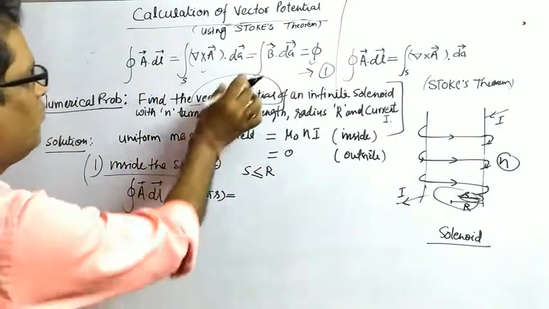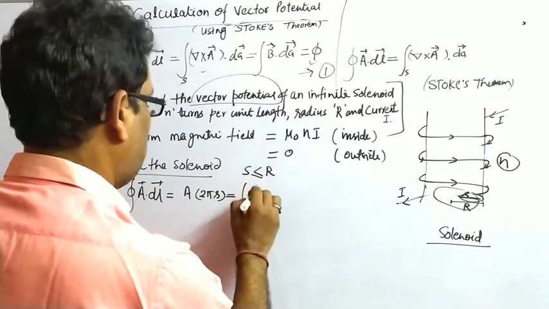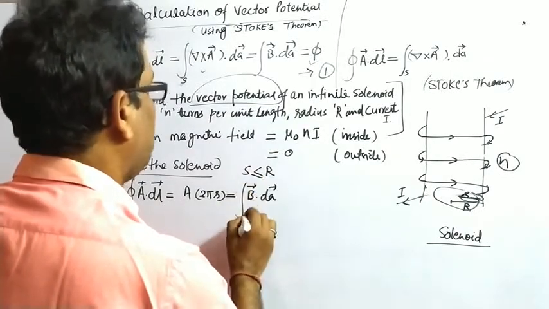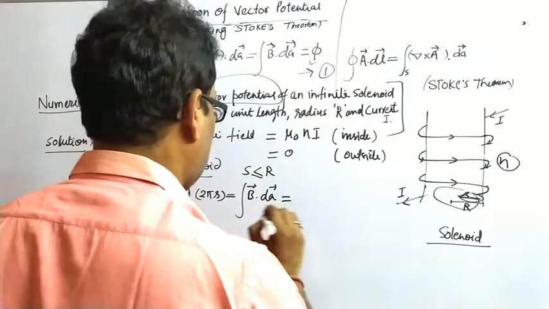Now A dl is equal to the flux, B dot dA.